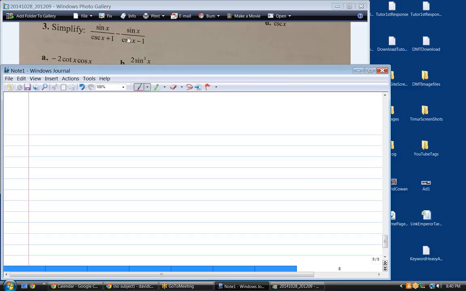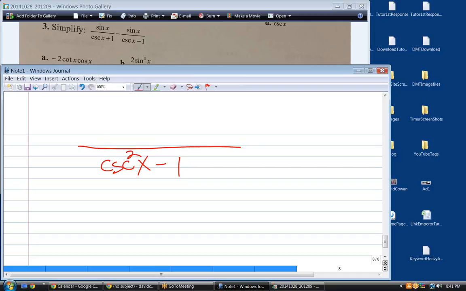We need common factors. That's the difference of squares that's been factored. If we tried to subtract these two fractions, we would have to find a common denominator. It's cosecant x plus 1 times cosecant x minus 1, and after we multiply that together, it's a difference of perfect squares.